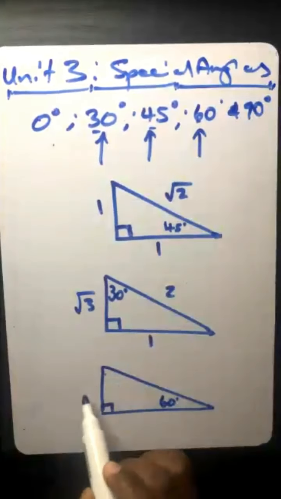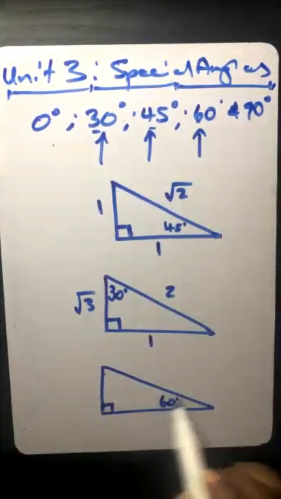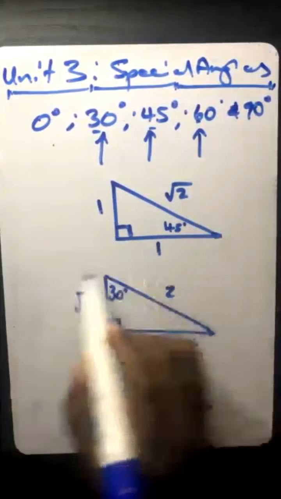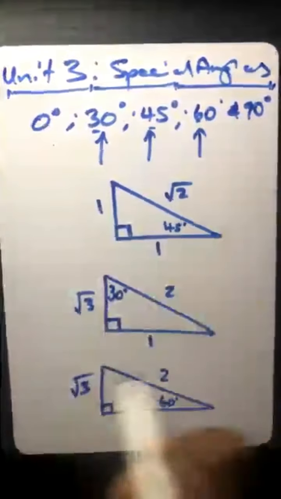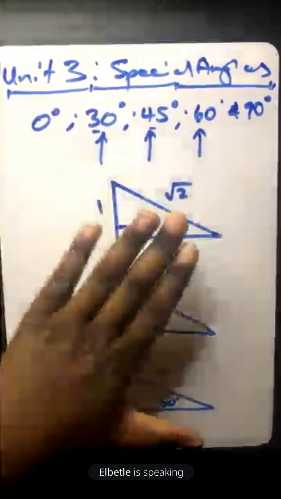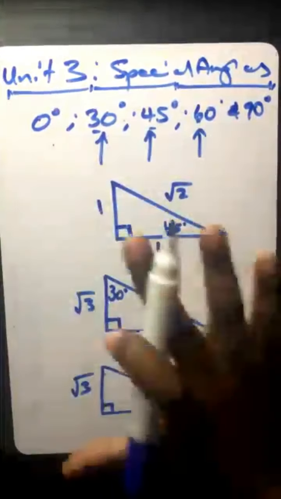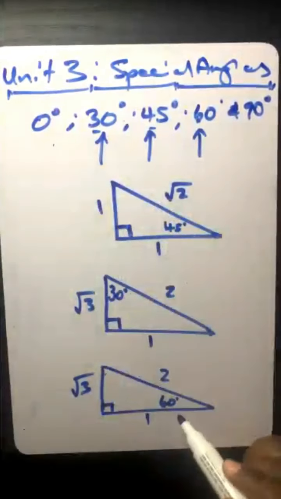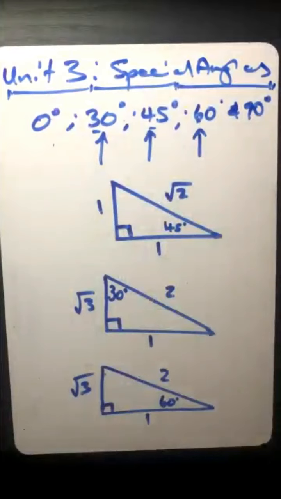This one where you have 60 there is the same thing as this. Also there is the same thing. Does it make sense? Yes, it does. So this is just something you have to know, a formula. So this is the formula for these special angles, or these are the triangles for these special angles.